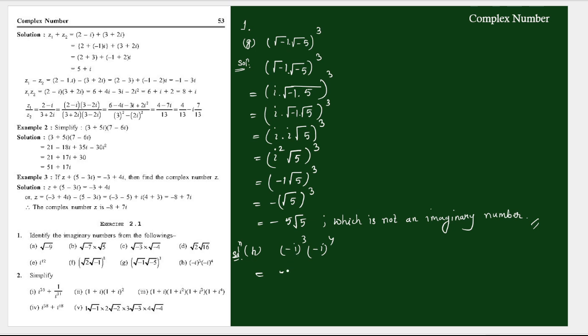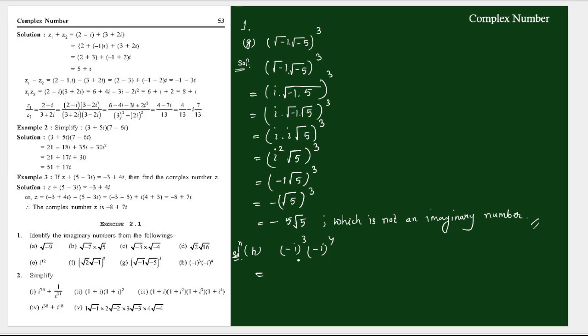Minus i square, so we have that thing, right?